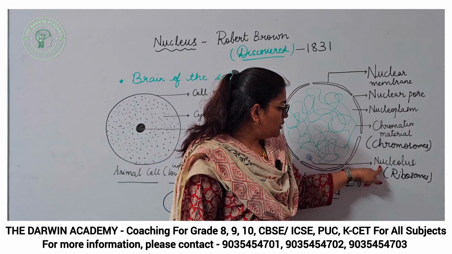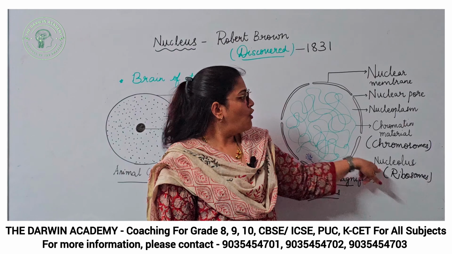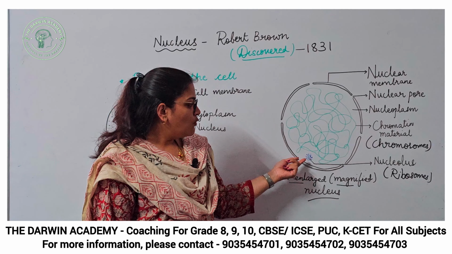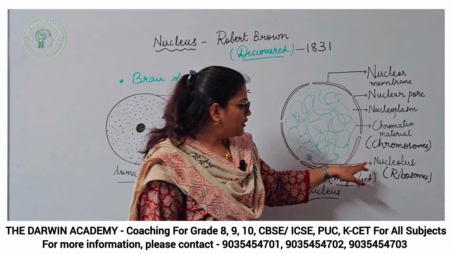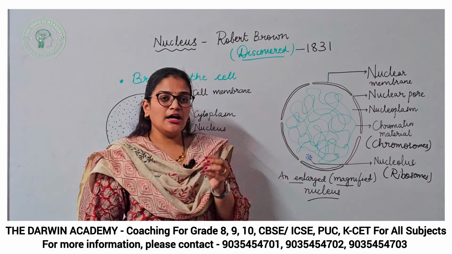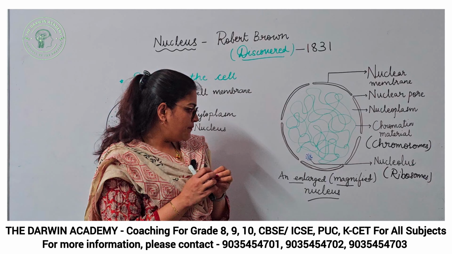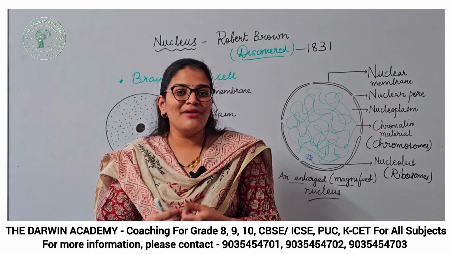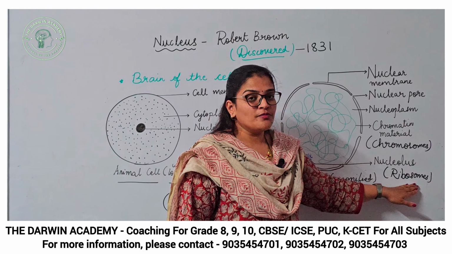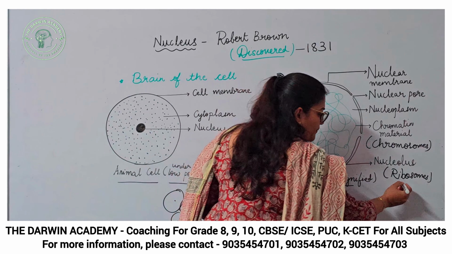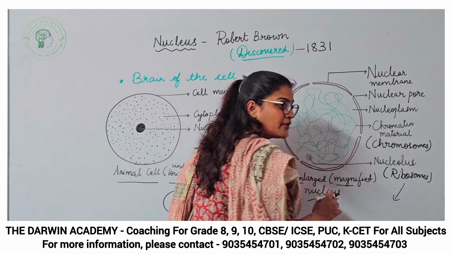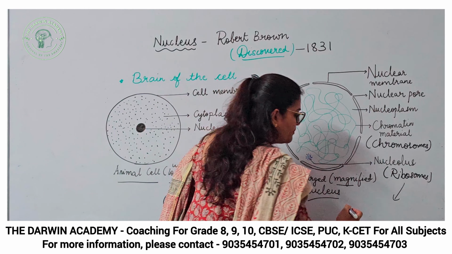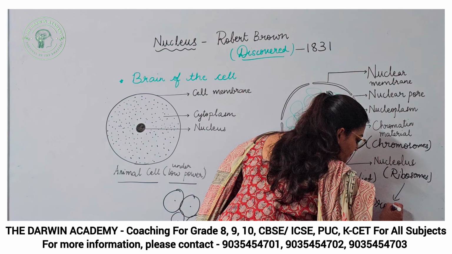The nucleolus is the last part of the nucleus which I will be discussing. The nucleolus is a round structure. It helps to make ribosomes. Ribosomes are later used to synthesize proteins.